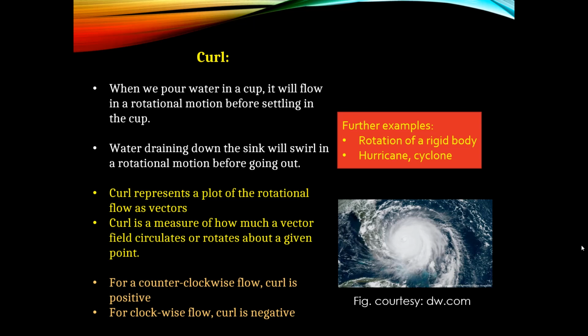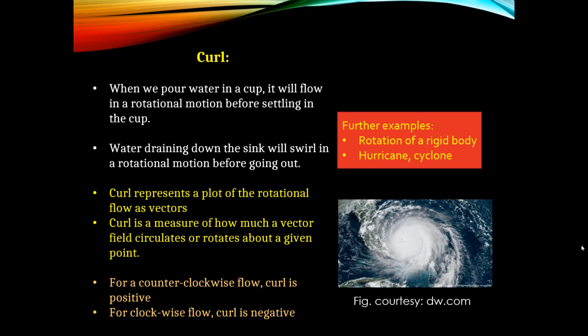Curl is a measure of how a vector field will rotate or circulate about a particular given point. If the rotation is counterclockwise, then we say that the curl is positive. If it is a clockwise rotation, then the curl will be negative.